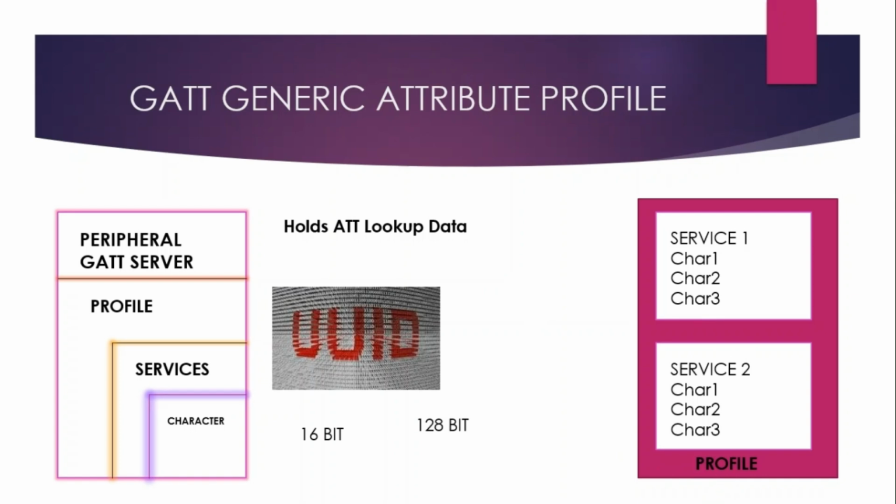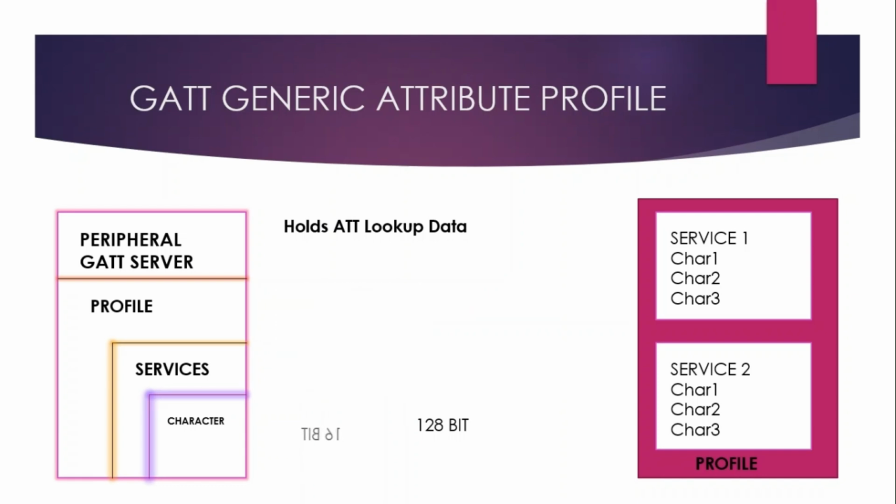When it is 16-bit, it's an official UUID, used for official purposes. When you customize it, it becomes 128-bit. So whenever a UUID is 128-bit, it is a customized UUID, and 16-bit UUIDs are the official ones. That was the services.